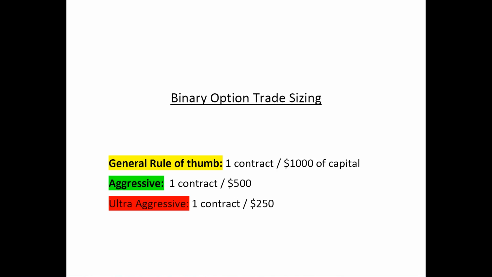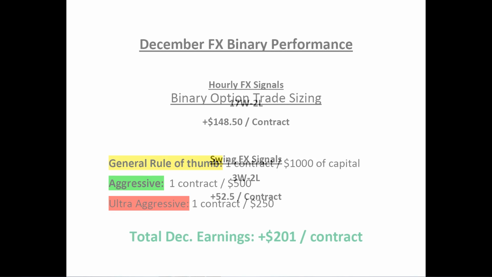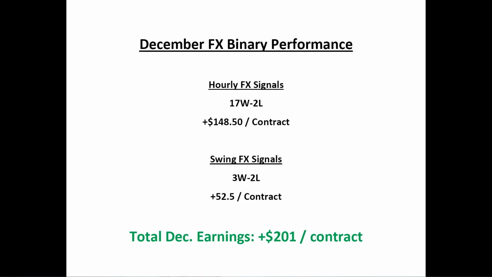Okay, so what I wanted to do was show you how that applies to what we do. I wanted to show you last month's performance, which is fairly typical. We didn't have as many trades as I would have liked because of the holidays, but here it is. Our hourly FX signals, that's our 96% average high probability signals algorithm.